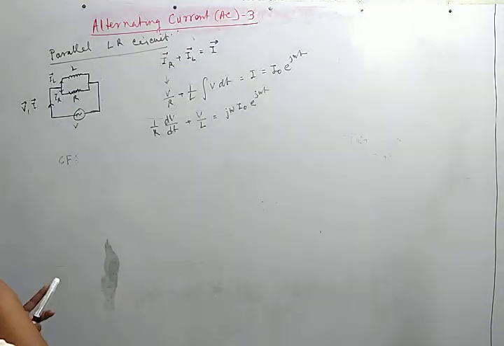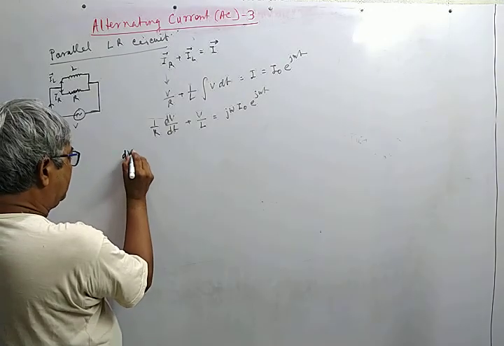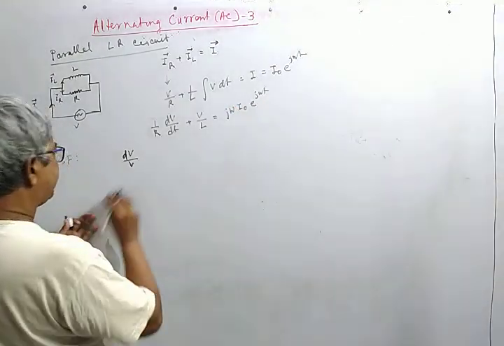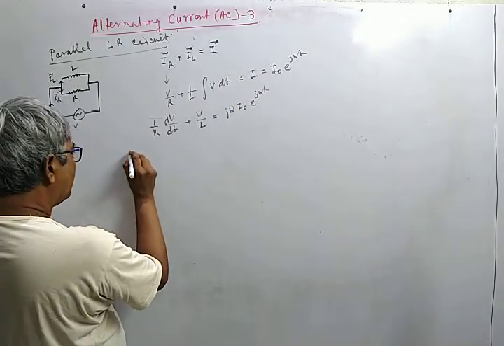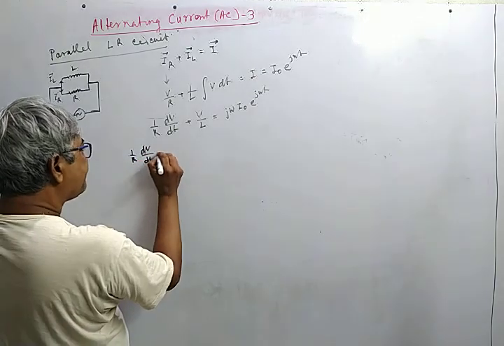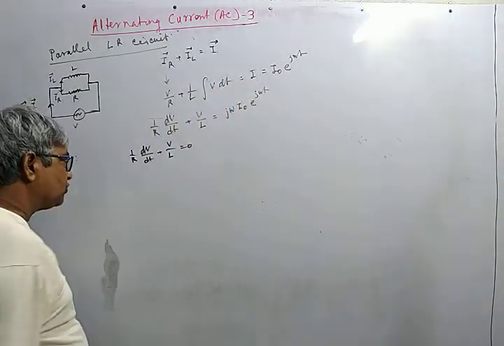The complementary function of this equation is obtained by solving the differential equation (1/R) dV/dt plus V by L is equal to 0, when there is no source term.